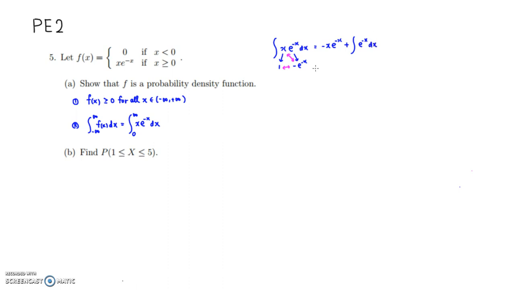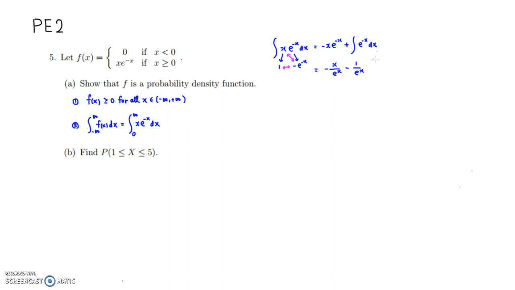Then the first term is already done, so I'll just copy it. I'm going to write it as x over e to the x. And plus, the antiderivative of this is actually negative, so I turn it into negative e to the negative x, which I'll write as 1 over e to the x.